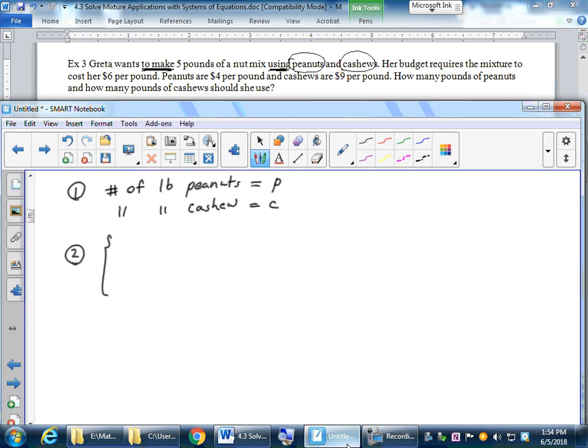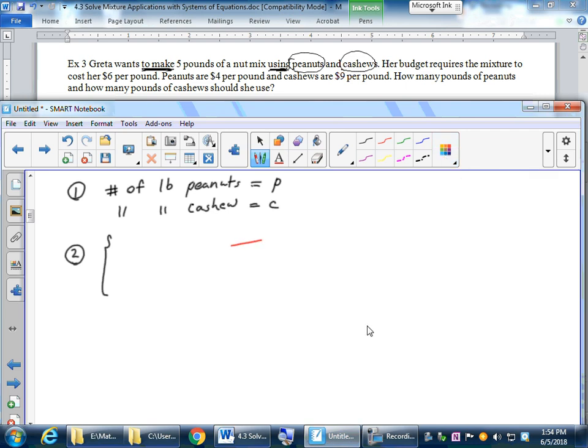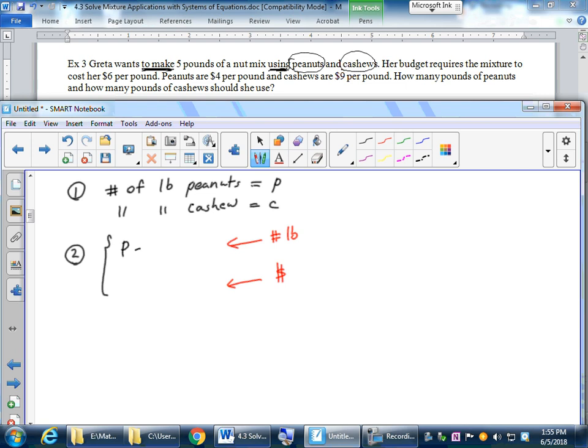We know that she wants to make 5 pounds of the mixture. So the first equation can be set up on the number of pounds. And the second equation will be like before, we need to talk about dollar amounts, because the dollar amount spent on the mixture must be the same as each combined. So the number of pounds of peanuts plus the number of pounds of cashews must be equal to 5 pounds. Right? That's from the first sentence.